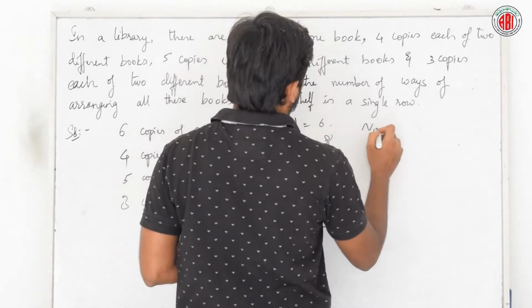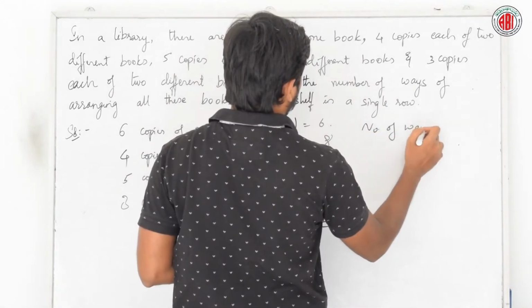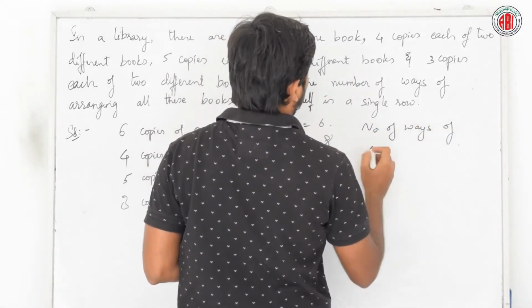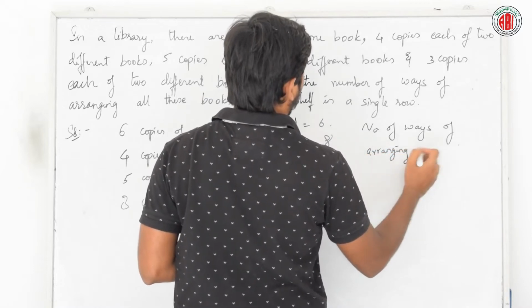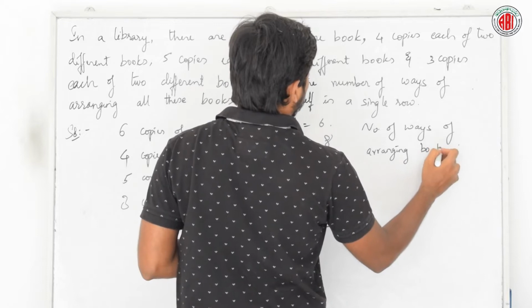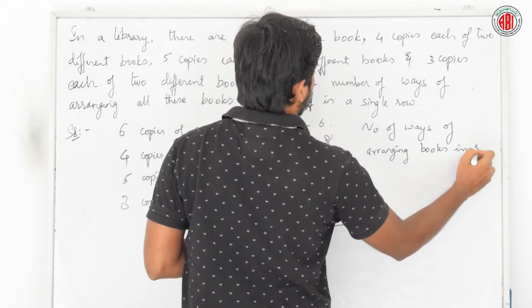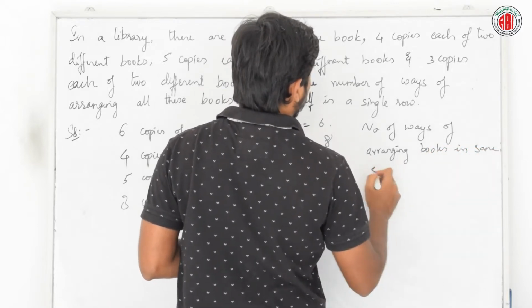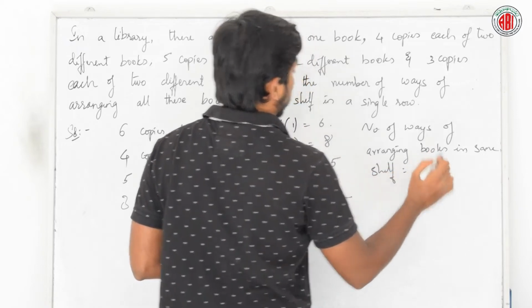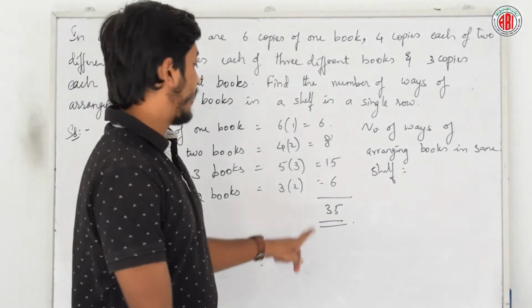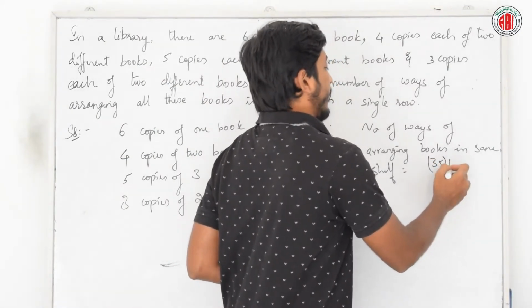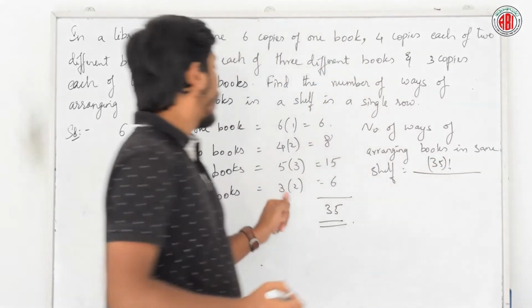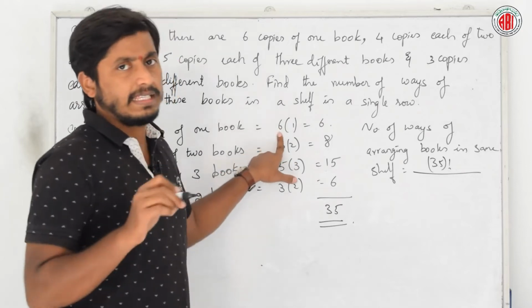Number of ways of arranging all books in the same shelf is equal to obviously 35 factorial divided by, now see here, 6.